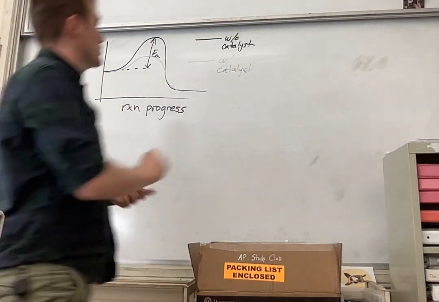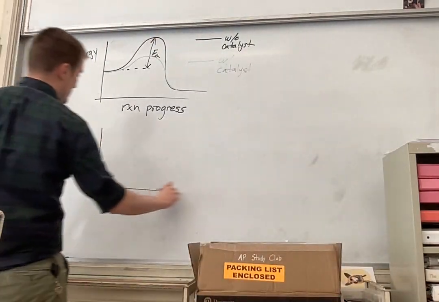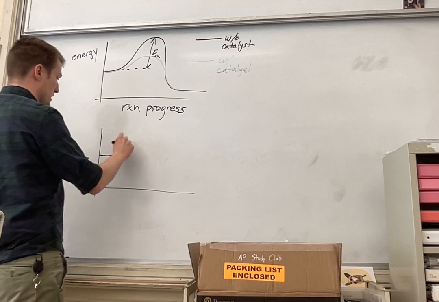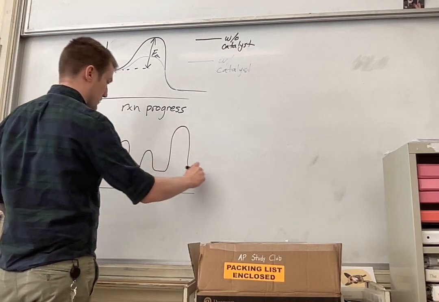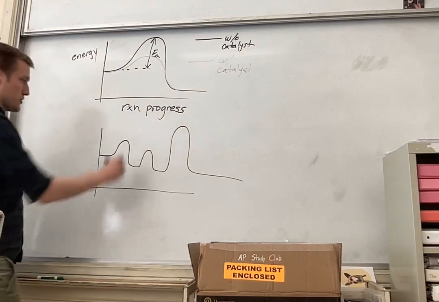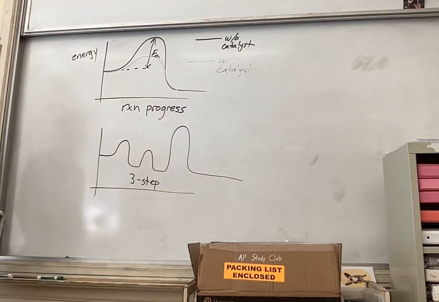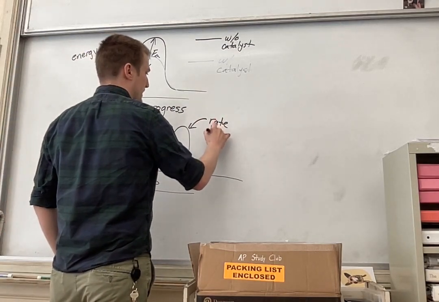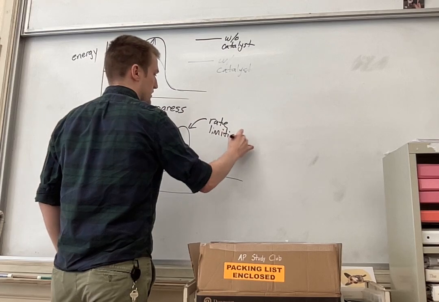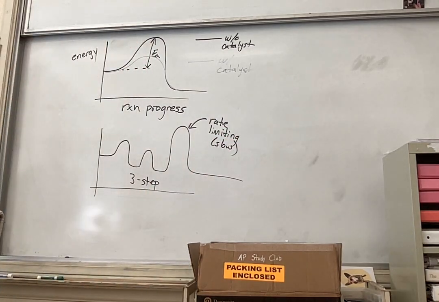You might also have a graph where, if your reaction takes multiple steps, it will have multiple humps. So this would be a 3-step reaction, and that one would be the rate limiting step, or the slow step, the one with the highest activation energy.